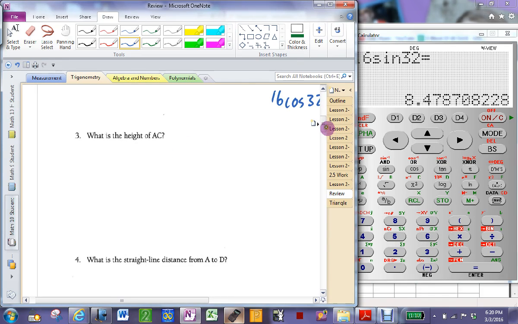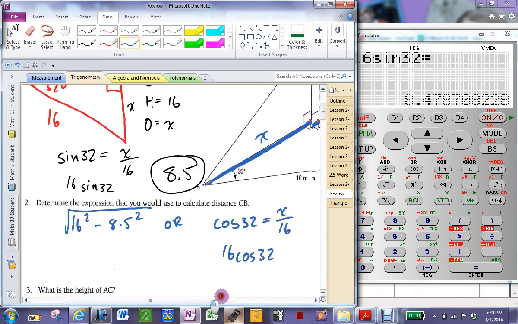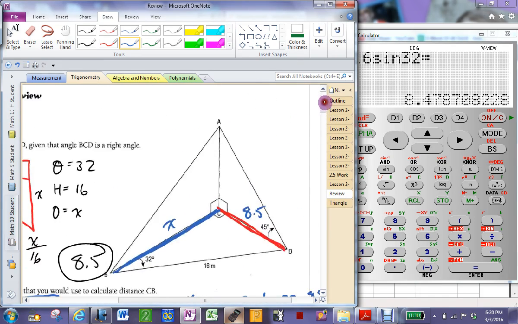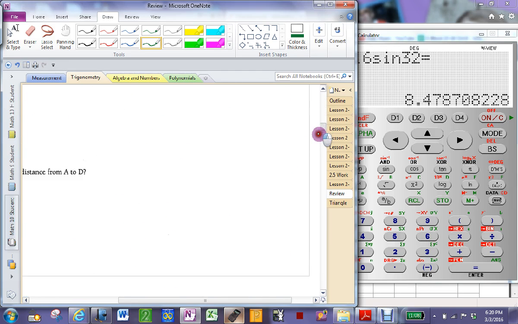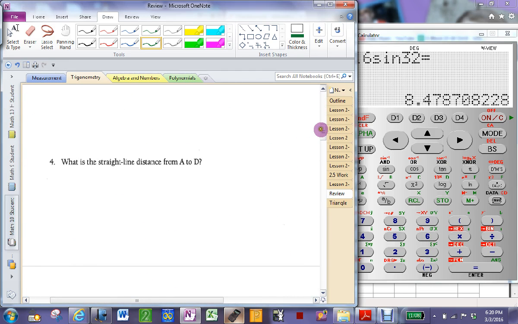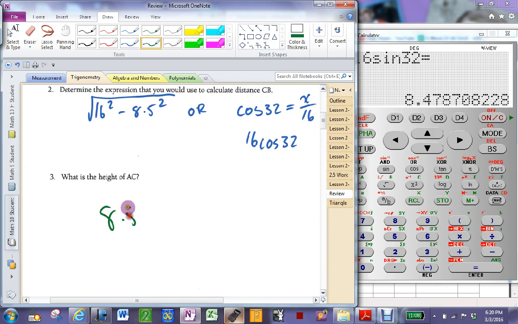Number 3, what is the height of AC? Well, that's right here. And if that's 45, then that's 45. And if those are both 45, then these are both the same. So AC is 8.5.